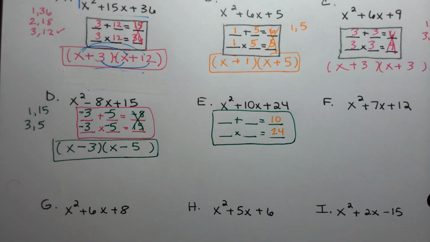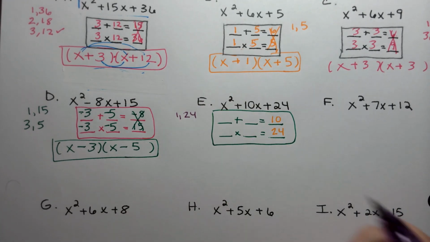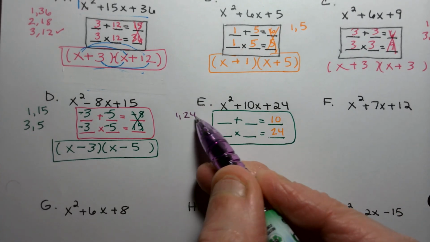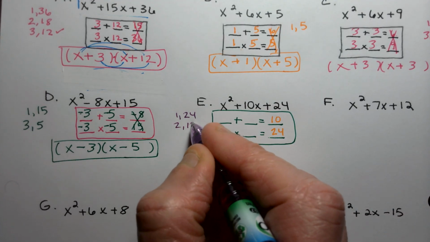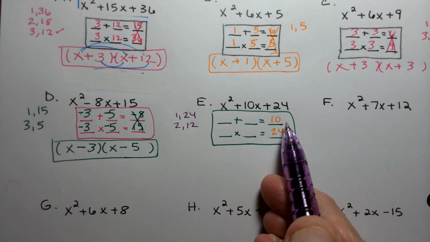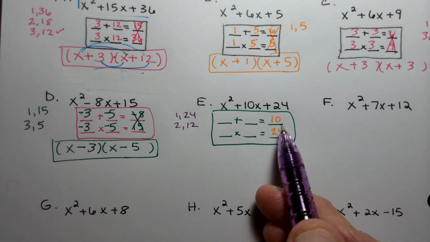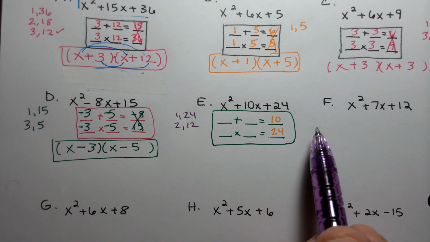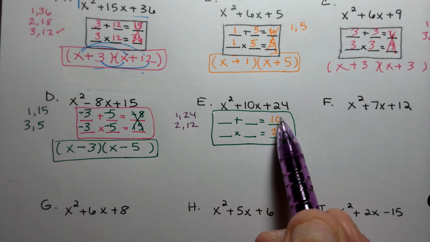Okay, if you're not sure, start your factor list. 24, 1 and 24. Nope, that's not going to give you 10 when you add or subtract these two. How about 2 and 12? Huh, 2 and 12, that could work, couldn't it? It could, because if you subtract them, you'd get 10.